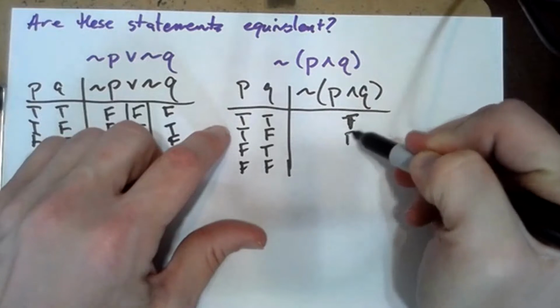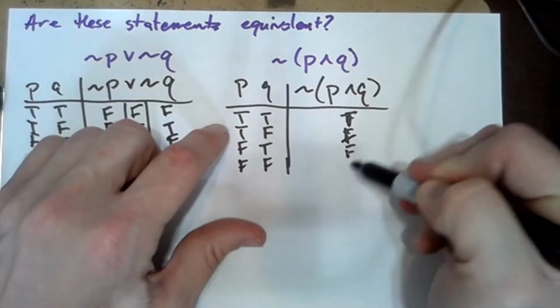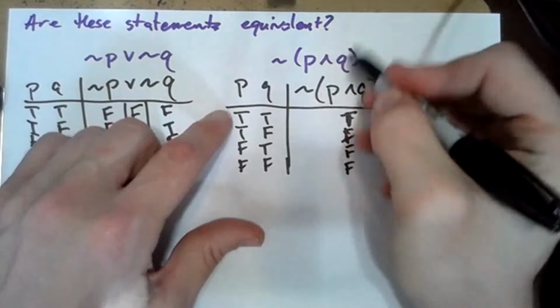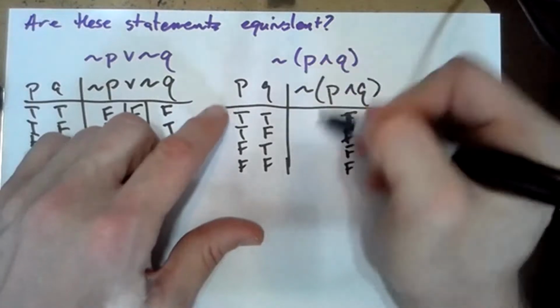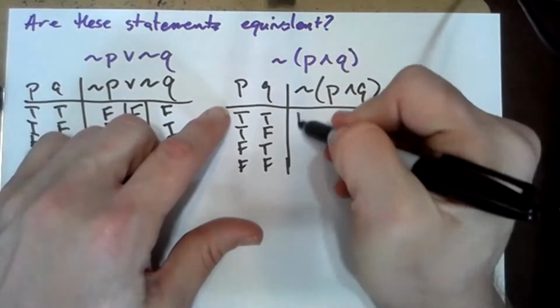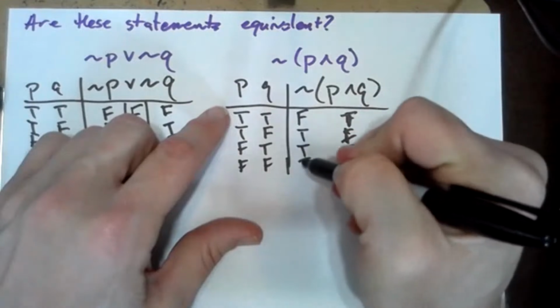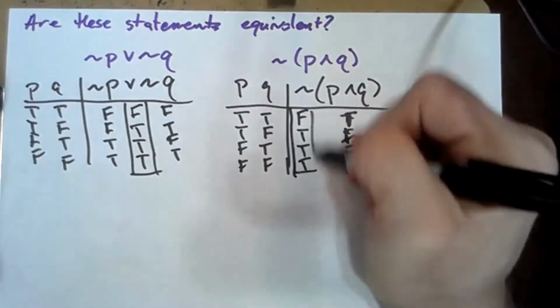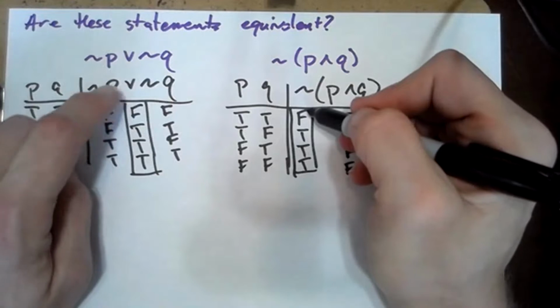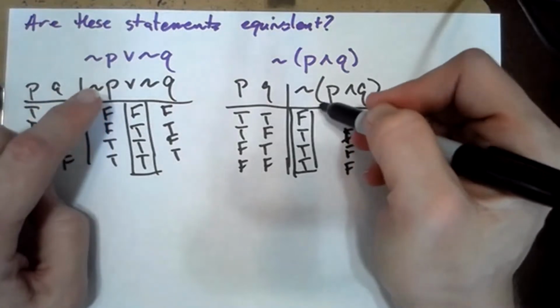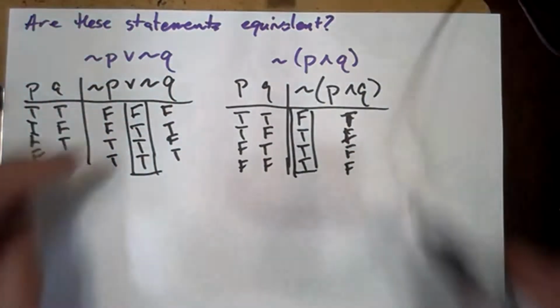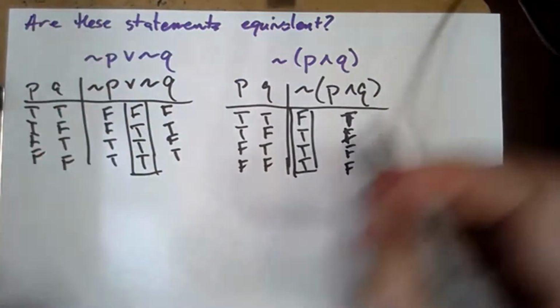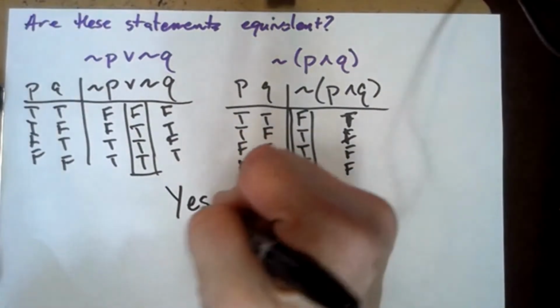True, false is false. False, false is false. And then the not here reverses all of this. So false, true, true, true. Since each of them has the same result for the truth table, false, true, true, true, these are equivalent statements.